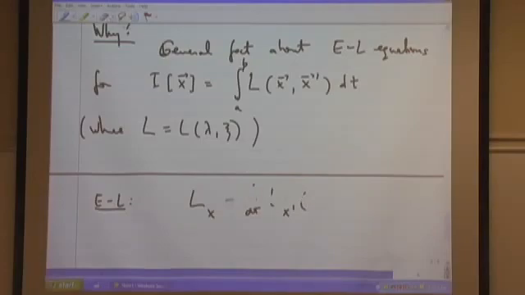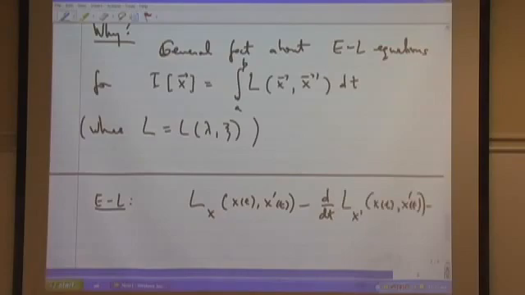I want to evaluate this at x of t and x prime of t: L_x minus d by dt of L_x prime, at x of t, x prime of t.